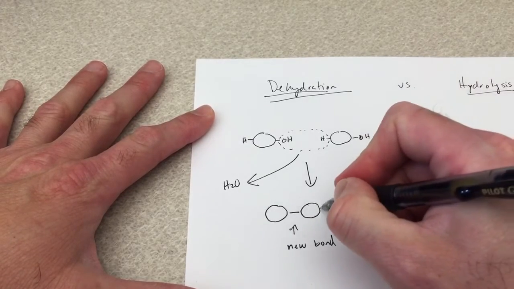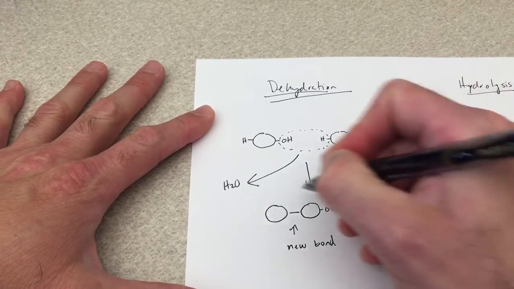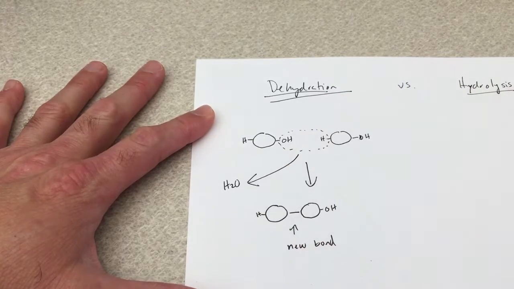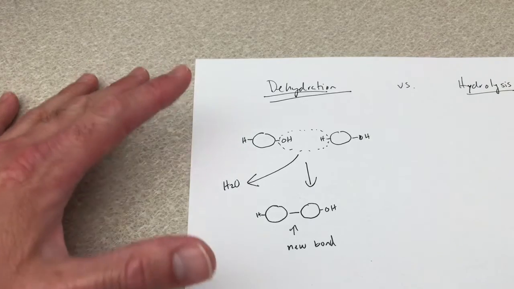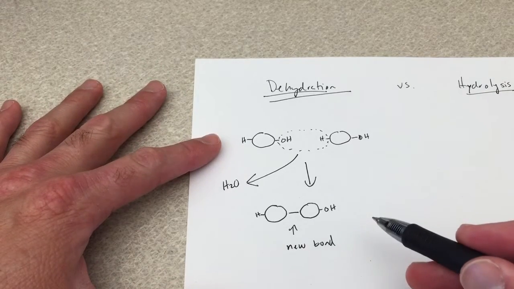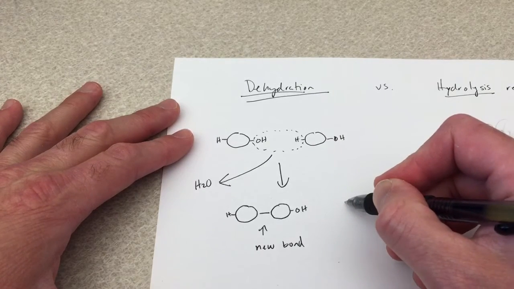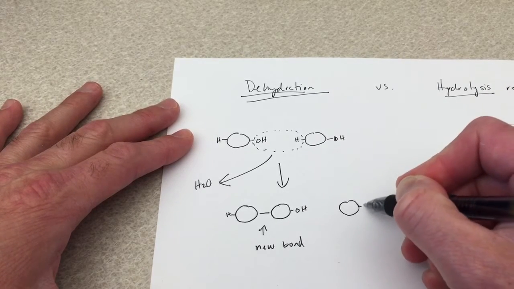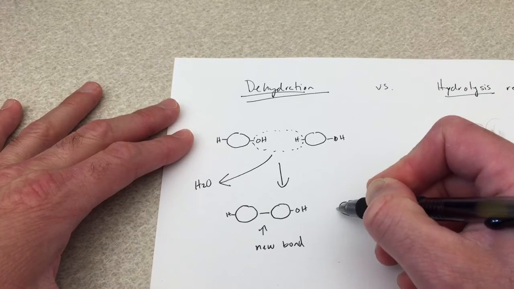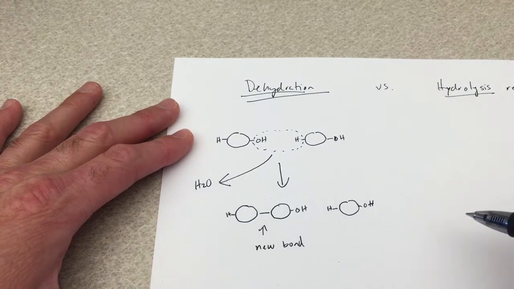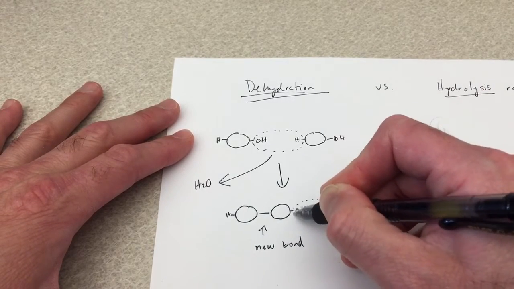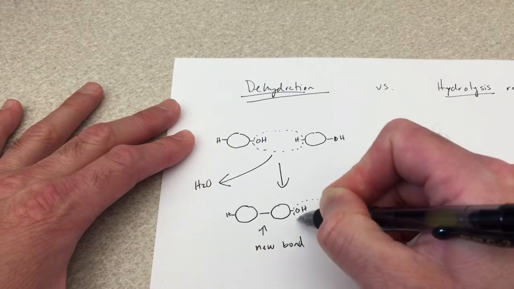So let's add the OH to this side and the hydrogen to this side just for the sake of being complete. Now, what if we wanted to add another monomer onto this new dimer? Well, we could bring in another monomer here, OH on that side, hydrogen on this side, and do the same darn thing.